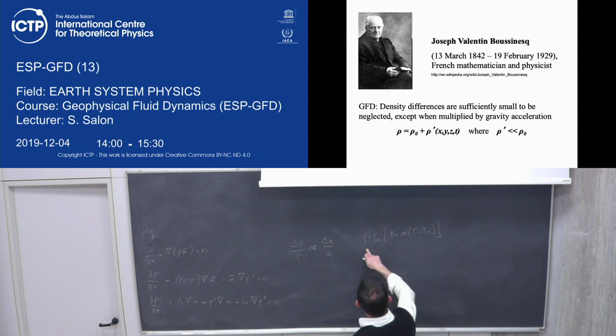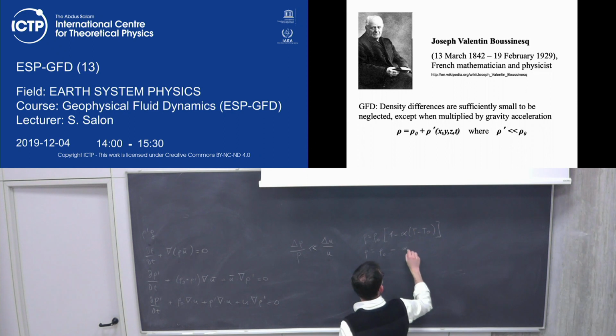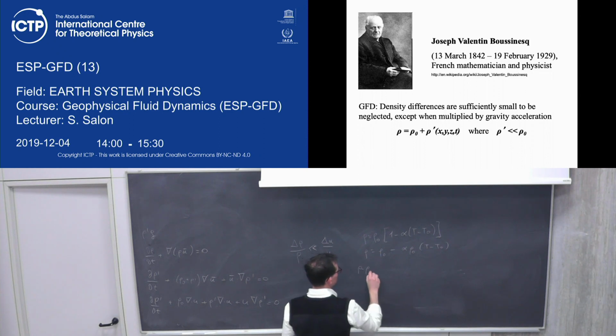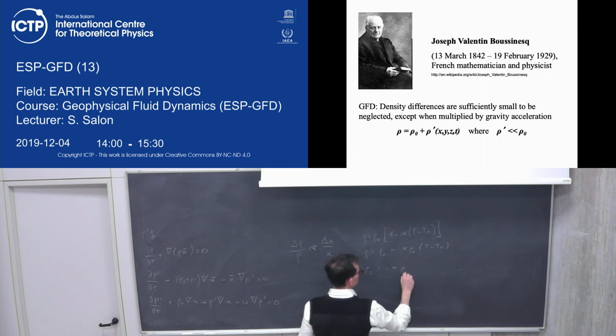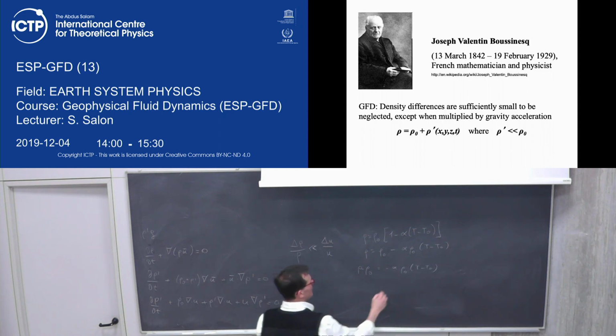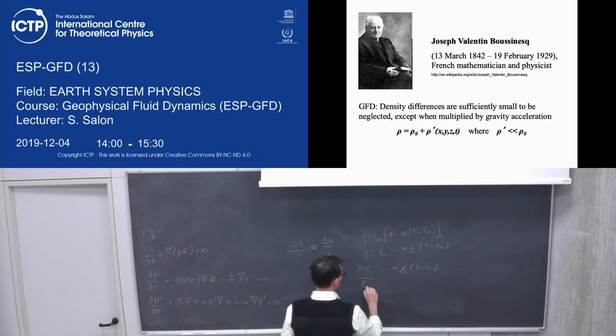So I can express this: rho equal to rho 0 minus alpha rho 0 (T minus T0). I can put this on the other side and divide by rho 0.